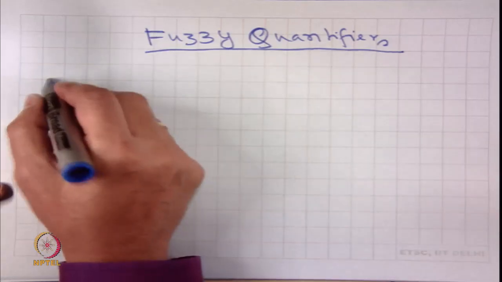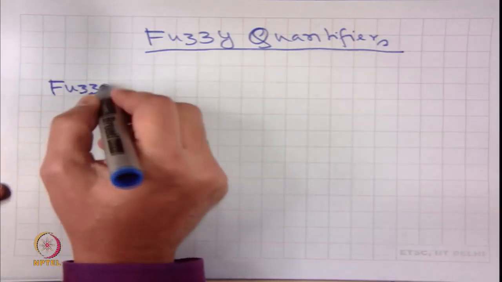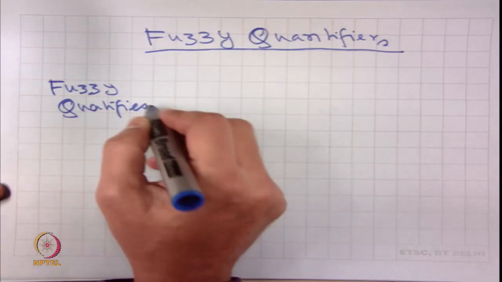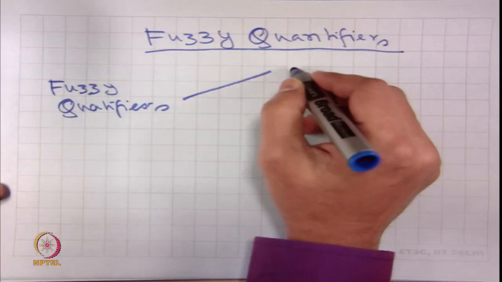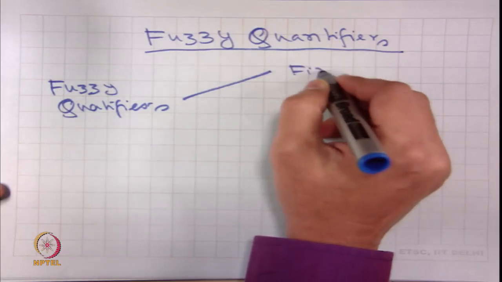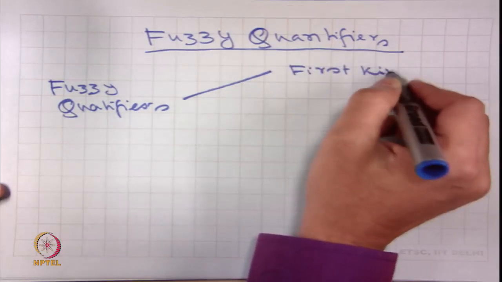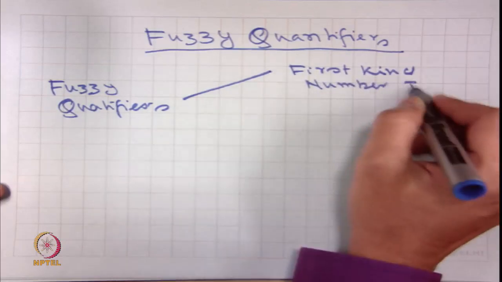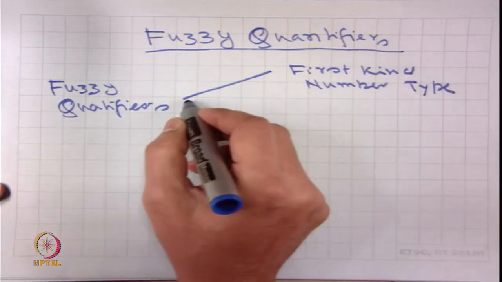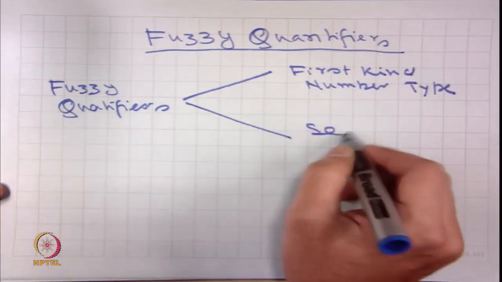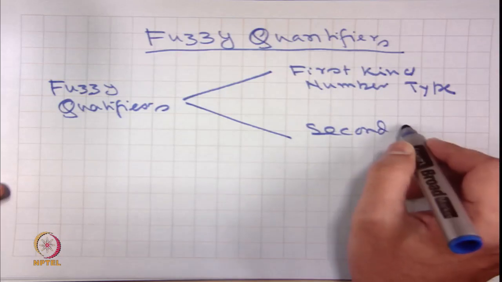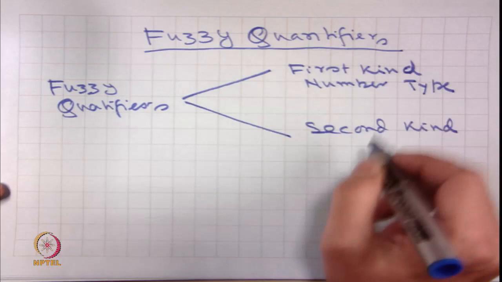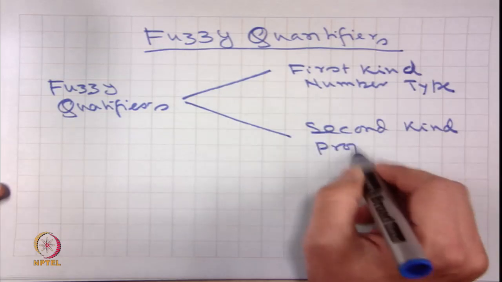We know that fuzzy quantifiers are of two types. One is the first kind, that is number type, and the other is the second kind, which is proportion type.